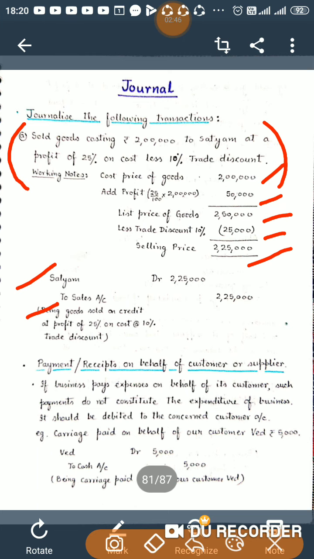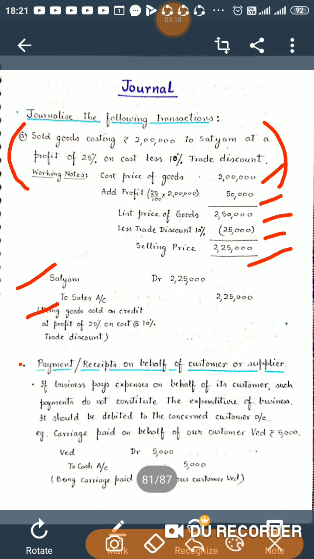Another topic I'm taking here, payment or receipt on behalf of customer or supplier. Sometimes you are making payment on behalf of a customer. So suppose you are selling goods and you have paid carriage on those goods to deliver those goods to the customer's business house.